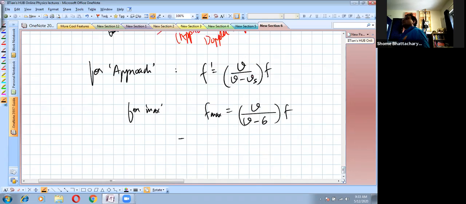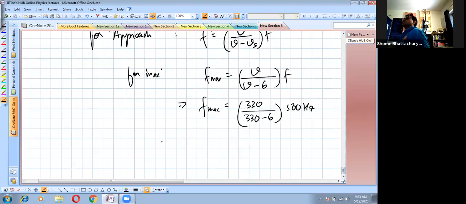So correspondingly, your F maximum will become 330 upon 330 minus 6 into 500 hertz. Now here we can do a bit of binomial approximation to make the calculation easier. We can write this as 1 minus 6 upon 330 to the power minus 1 into 500 hertz, taking 330 common in the numerator and denominator.